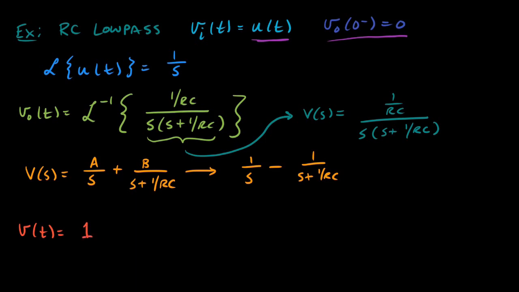So it's going to be 1. Now it's going to be a U of t, so it's going to be a unit step, right? It's going to look just like this does. And then I also have another term, so it's going to be 1 minus e to the minus t over RC. And then all of that's got to be multiplied by U of t.